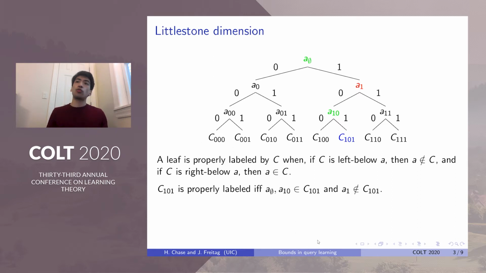The intermediate nodes are all labeled with elements from the base set X, and the leaves are labeled with sets from C. And a leaf is properly labeled by a set when, for all of that set's predecessors, their membership in C is determined by the path that we take to get to C.